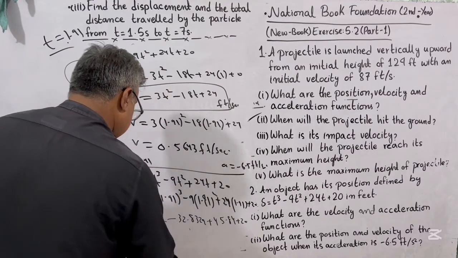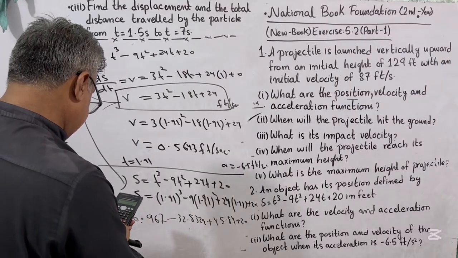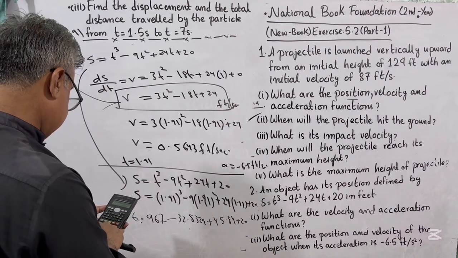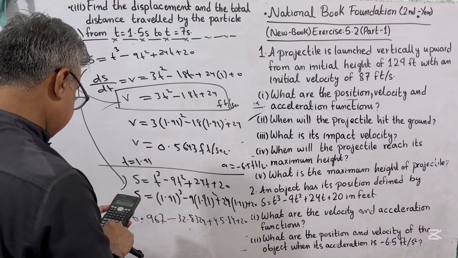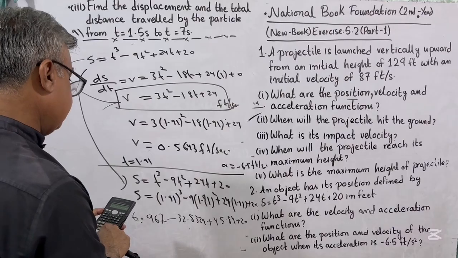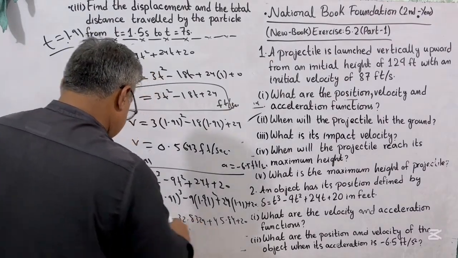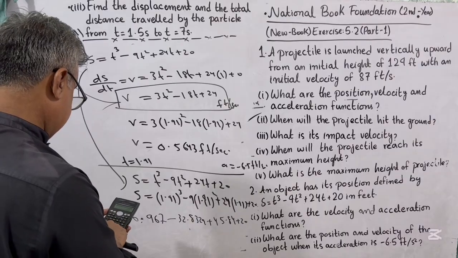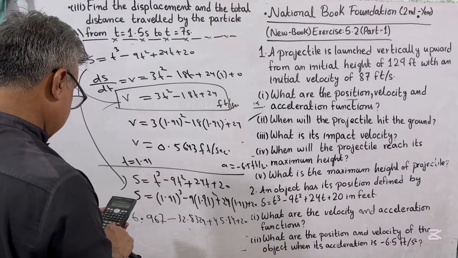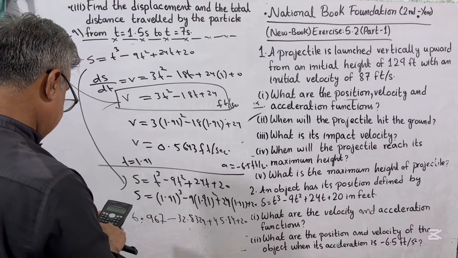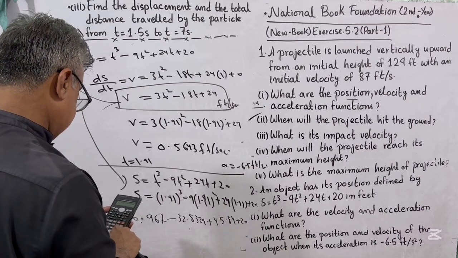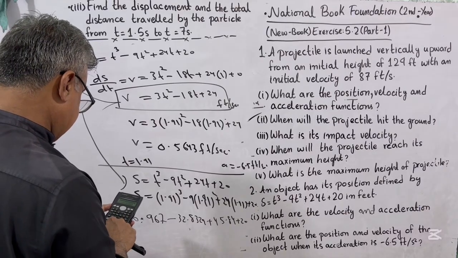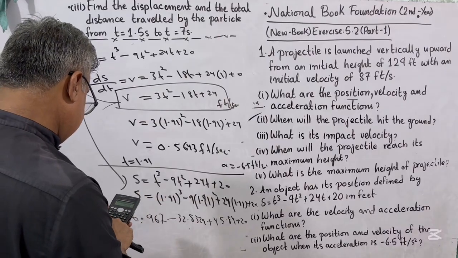Plus 20. Now let me add all this: 45.84 plus 20 is 65 point something, plus 6.967 gives 72.807, minus 32.8329.